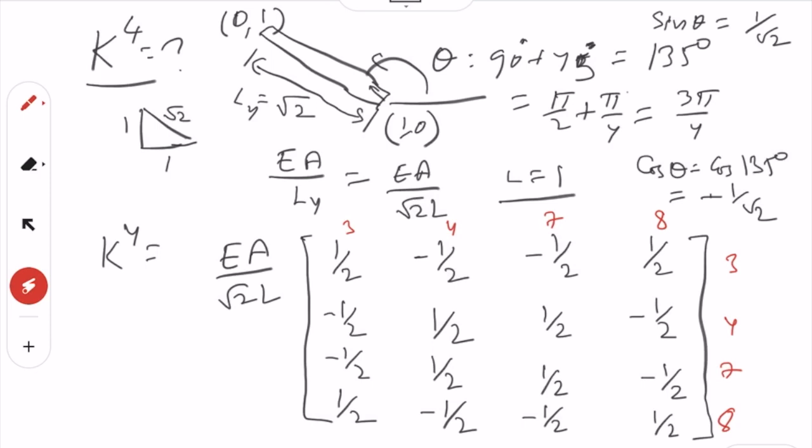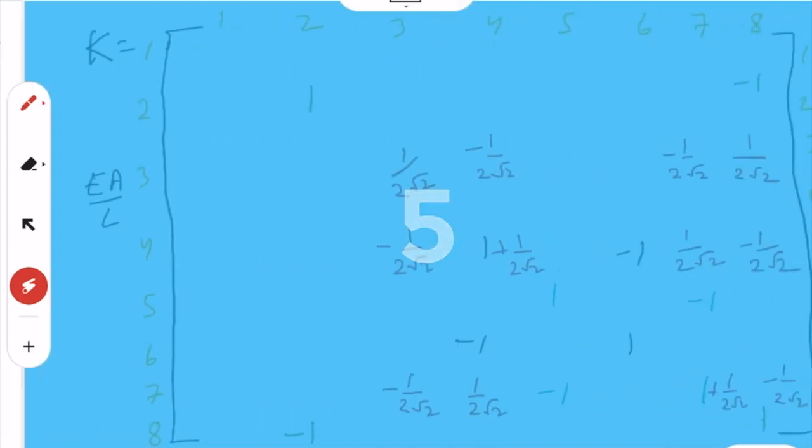Then last one, we have the opposite of the above, opposite of this, opposite meaning the opposite sign. Okay. So number 8.